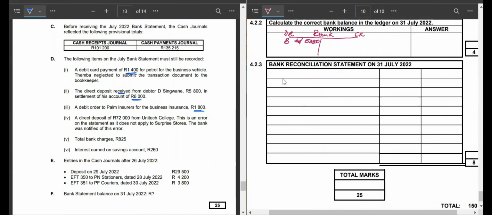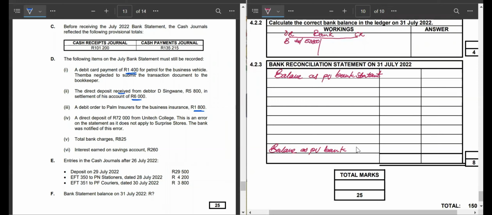You understand at this point that our BRS has a format. You get the balance as per bank statement. Then at the bottom, you also have your balance as per bank account.